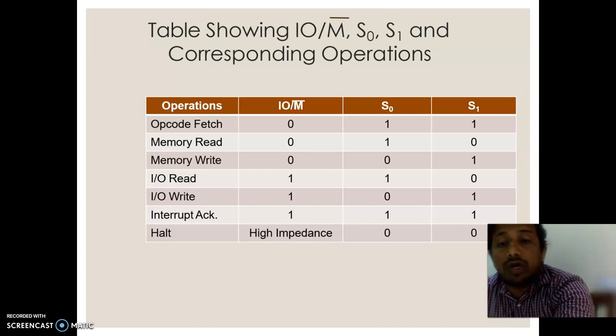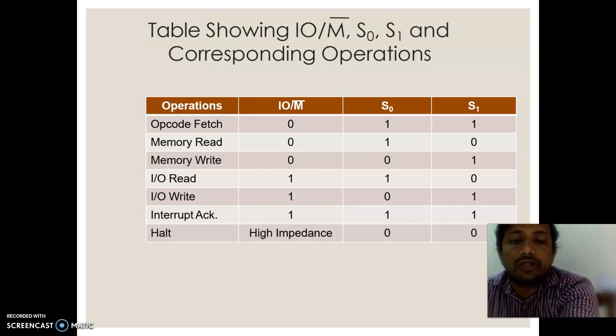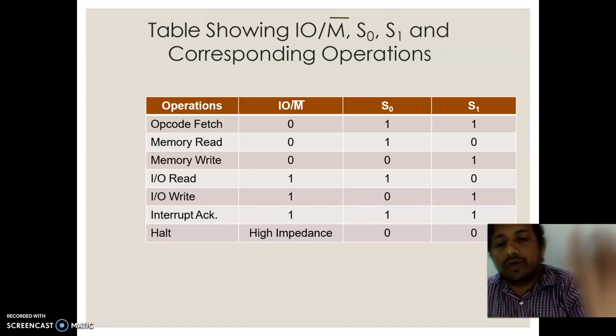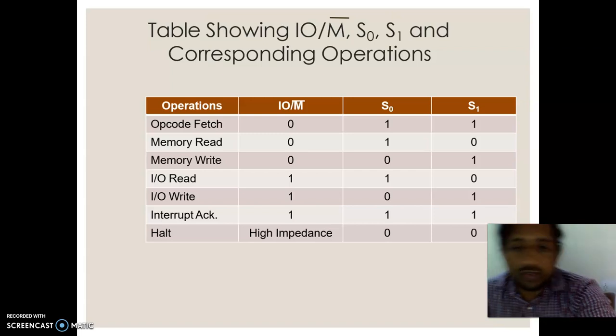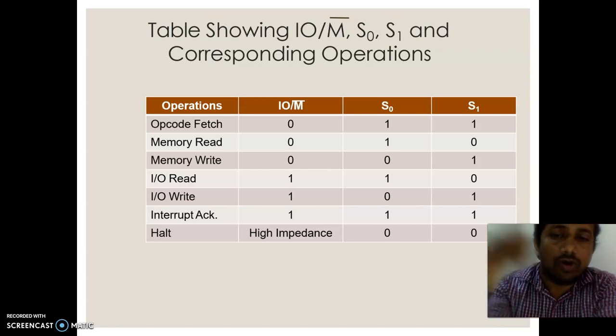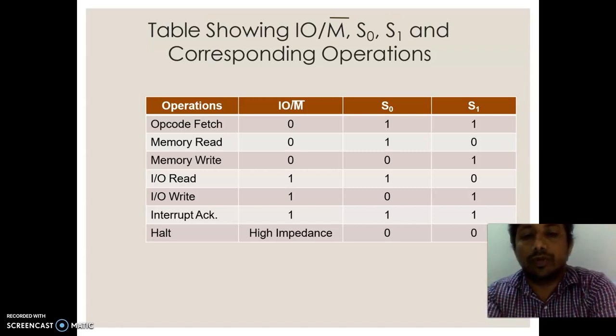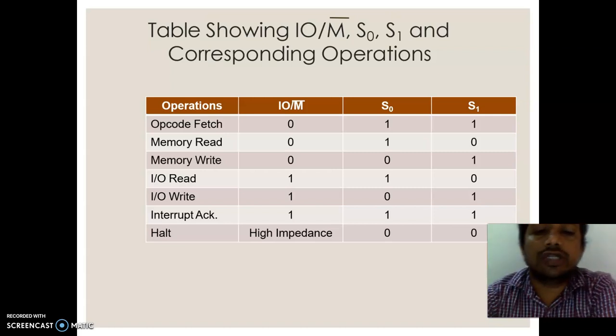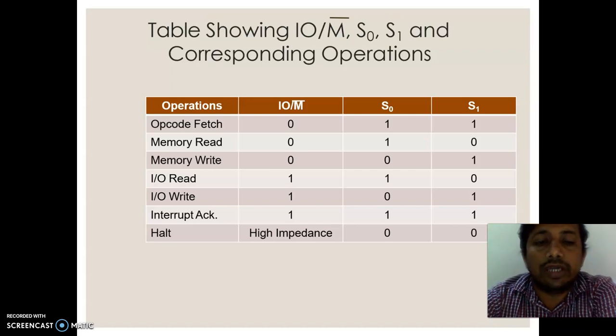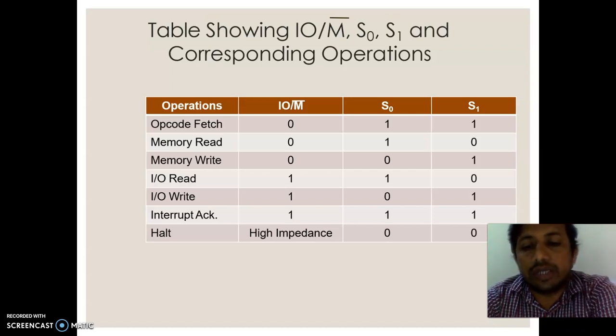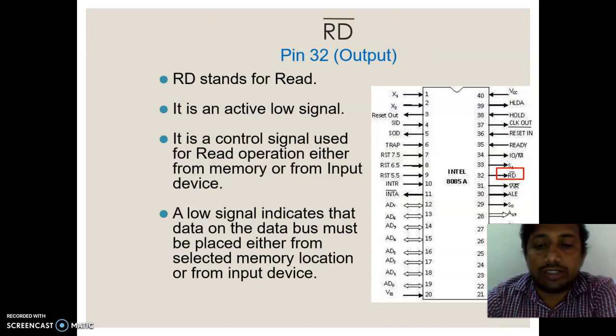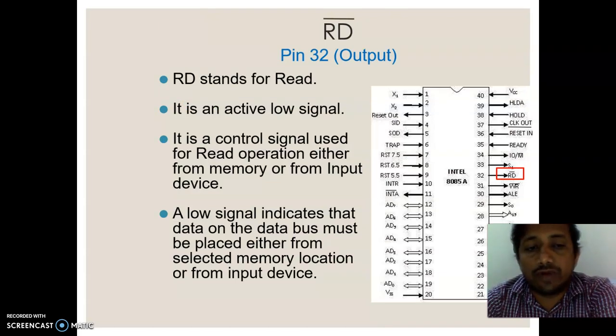So 0 opcode fetch, memory read, memory write, then IO read, IO write. Interrupt acknowledgement and halt is when it is high impedance and both our inputs are 1.